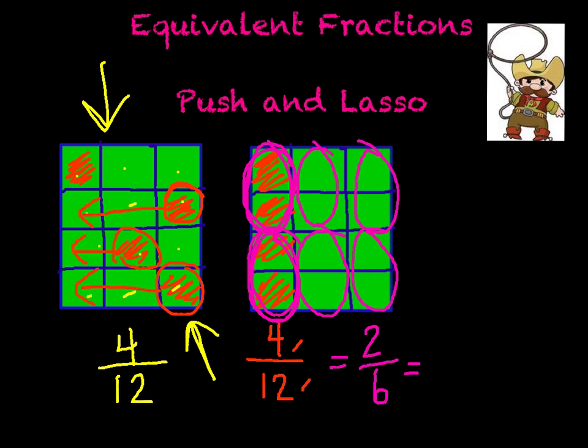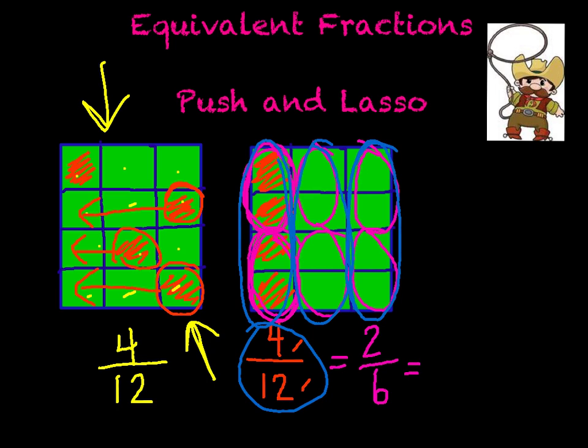Okay, 4 would work because 4 is a multiple of 4. 12 is a multiple of 4. Both of these numbers here can be divided by 4. So yes, 4 would work. So I'm going to circle groups of 4. 1 group of 4, 2 groups of 4, 3 groups of 4.